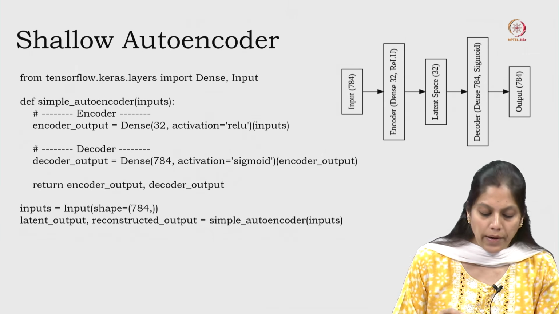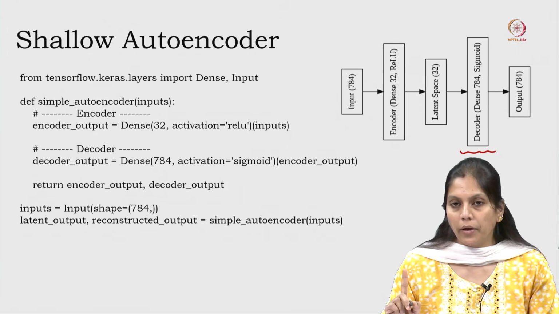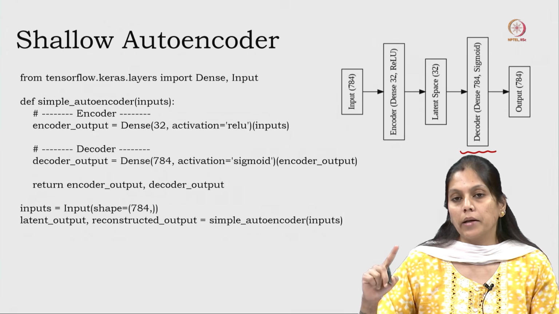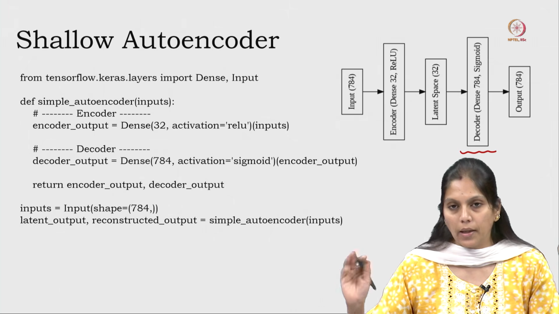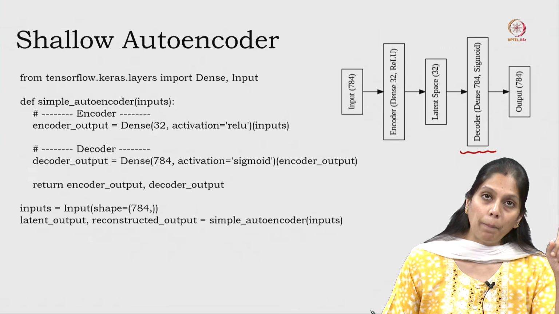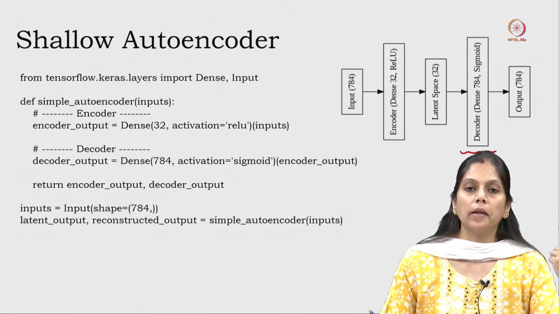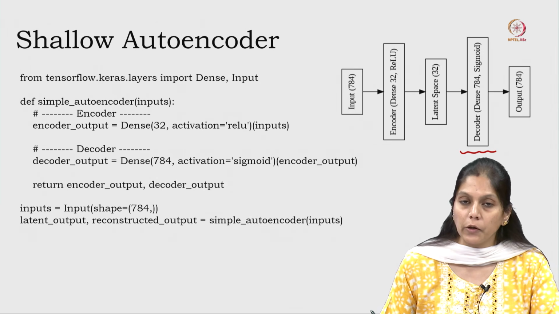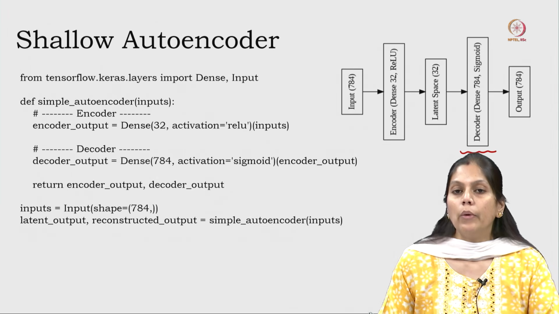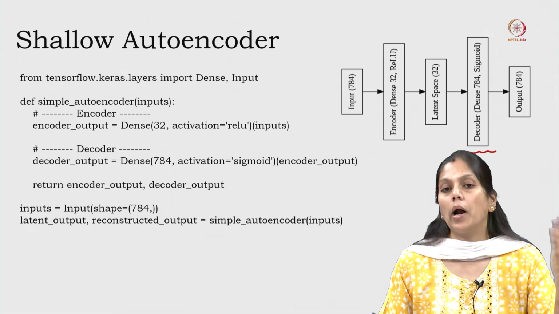Now, at the end of this, what is our aim? Our aim is to reconstruct the input back. That's the ultimate aim. Now, during the pre-processing stage, if you have changed the input to some other representation, what is the meaning of it? What if the values are scaled between 0 and 1?